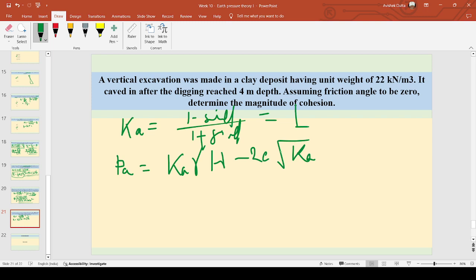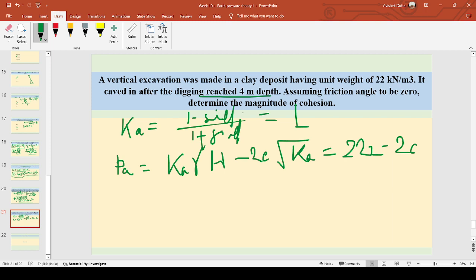Now, it has been said 4 meter depth. H is not given, so Ka is 1, gamma is 22. So I can write it like this: gamma is 22, H is equal to Z, minus, Ka is 1, so it is 2C.